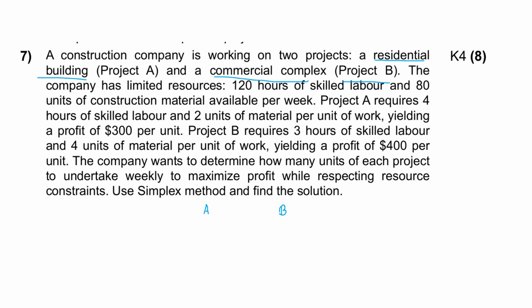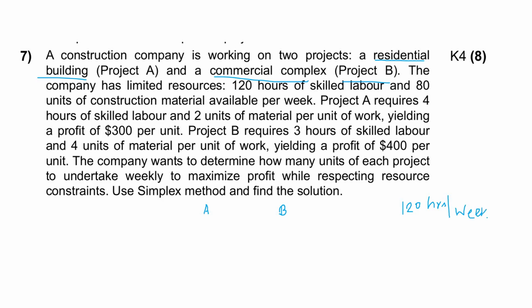The company has limited resources, that is 120 hours of skilled labor per week. So here the constraints are per week there are 120 hours only. This is a constraint.